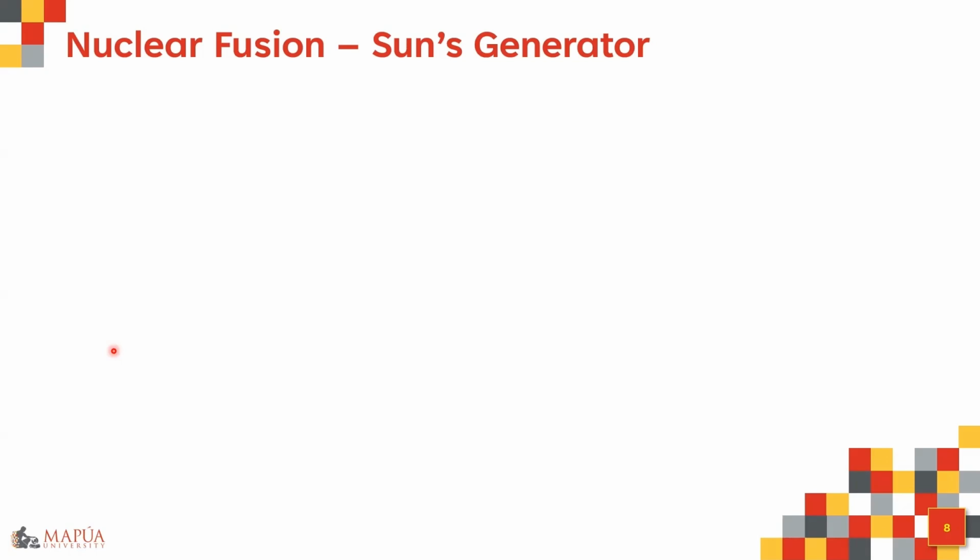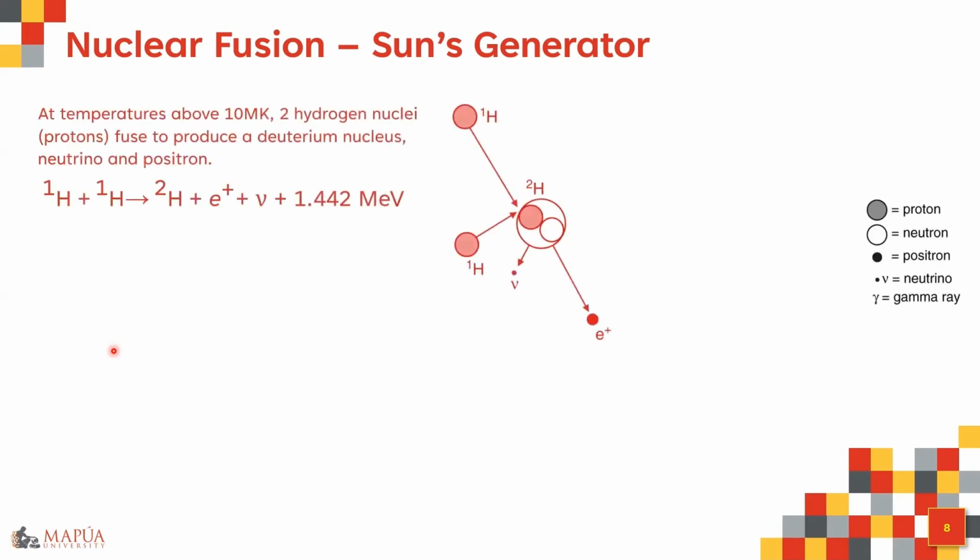So it's actually a chain of events. It starts with two hydrogen nuclei that fuse to produce a deuterium nucleus, or H2 nucleus, with an additional positron, that's an electron with a positive charge, and a neutrino.